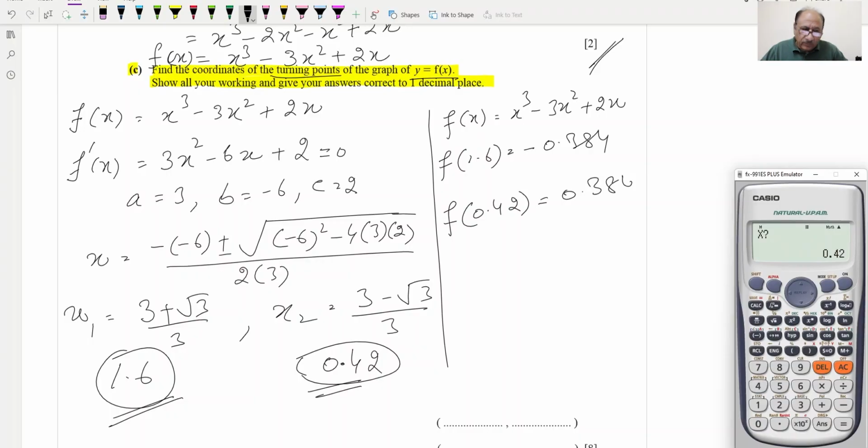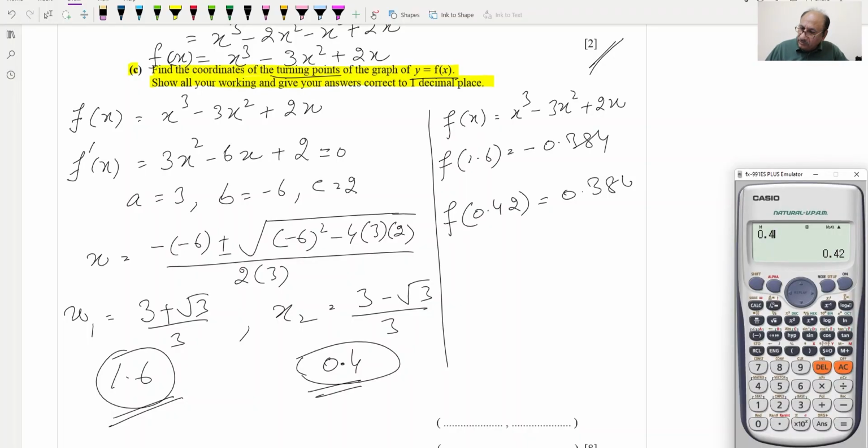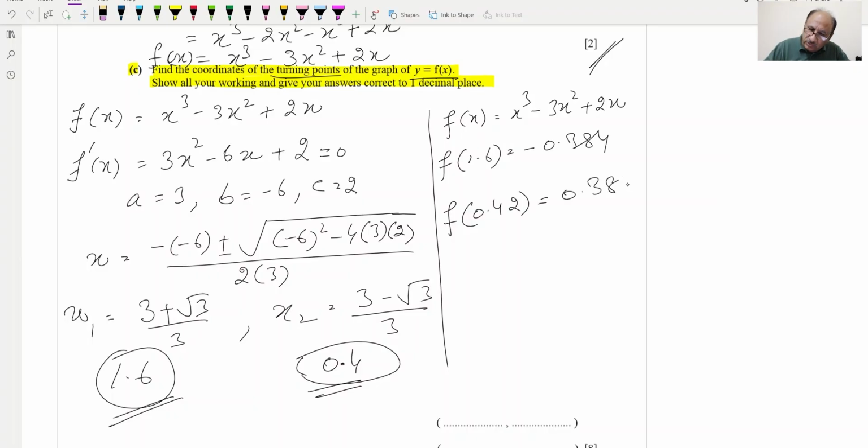Not 0.42, it's 0.4 basically. Up to one decimal place we can write 0.4. So this will be equal to 0.384. These will be the y values.